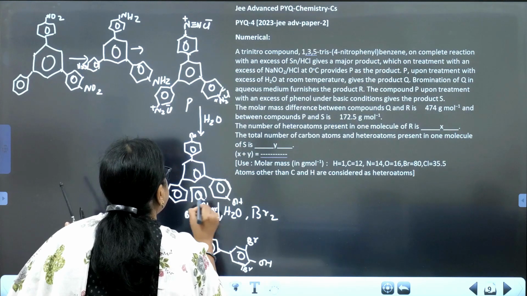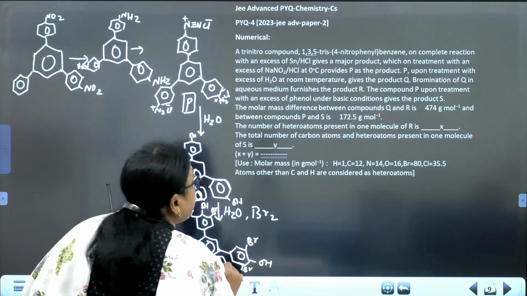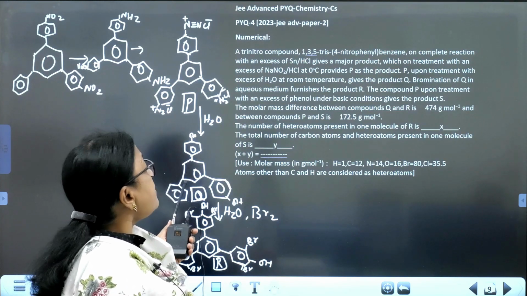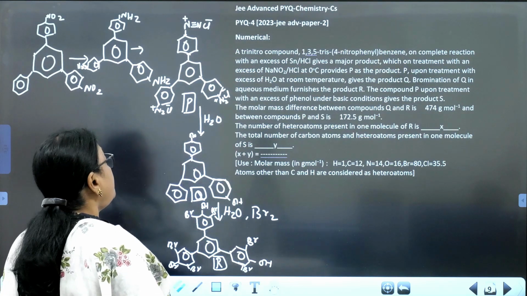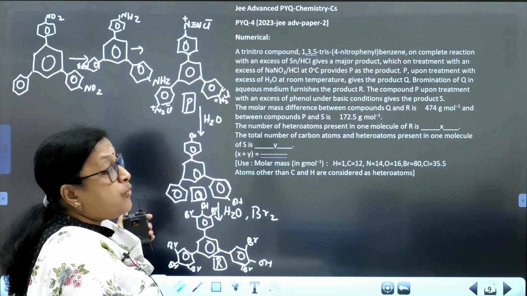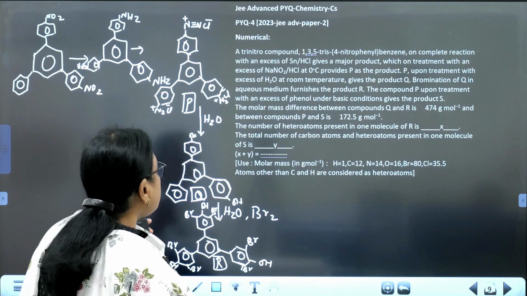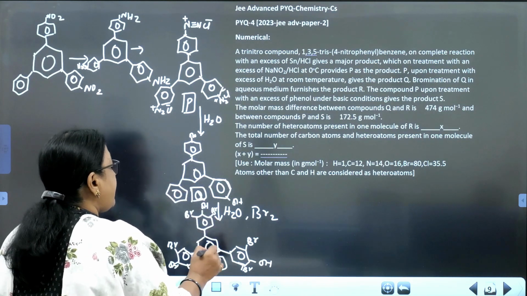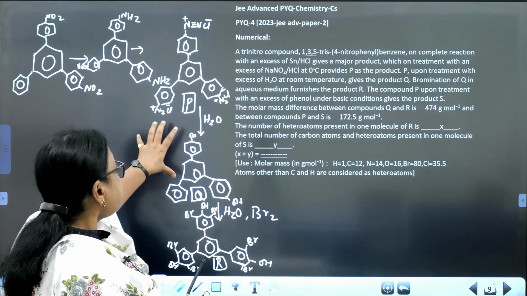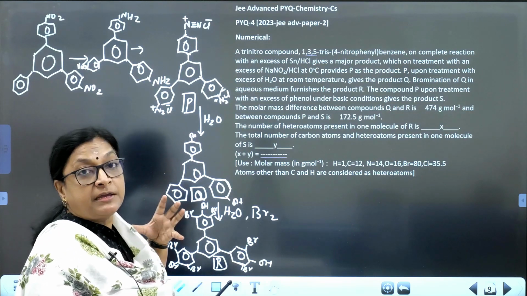So we have written P, we have written Q, now we have got the compound R. Now an important information is given here, that is the molar mass difference between Q and R. This is Q and this is R. The molar mass difference is 474 gram per mole. So let us see in Q and R what is the difference. The difference is from Q, 6 hydrogens are substituted by 6 Br.